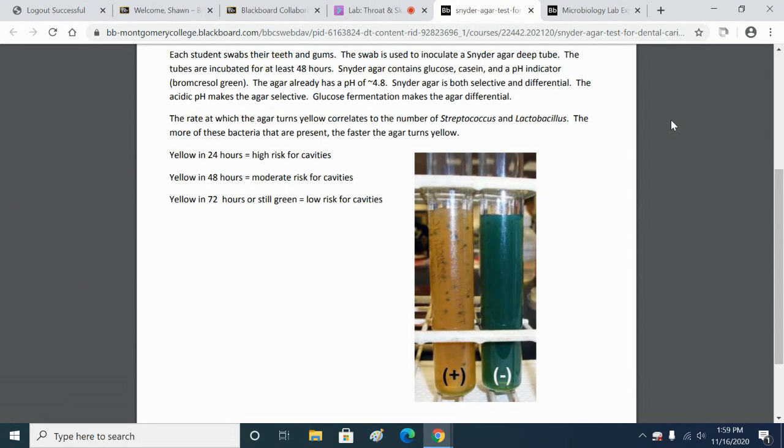We used to eat lots of protein, complex polysaccharides, not that much simple sugar. But today we eat a lot of simple sugar, at least most people do. And all those simple sugars are helping to create a favorable environment for bad bacteria that we don't want growing in the oral cavity. And that's why we need to practice good oral hygiene.